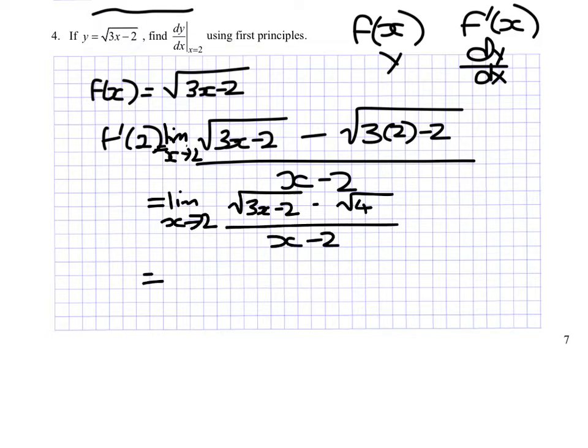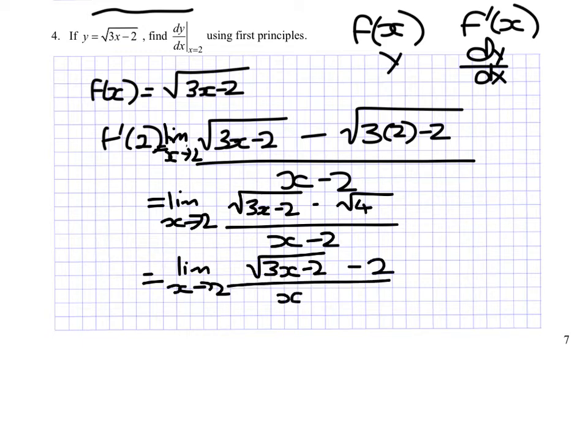So that equals the limit as x approaches 2 of the square root of 3x take 2, take, now the square root of 4 is 2, so take 2, over x take 2. Now we've got this interesting thing up the top. It's called a surd. It's got an irrational number in it, and so we want to get rid of that square root of 3x take 2.